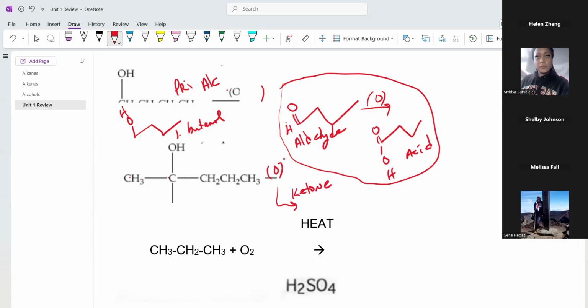And this is a 1, 2, 3, 4, 5. So that's 2-pentanol. And the OH becomes a ketone.